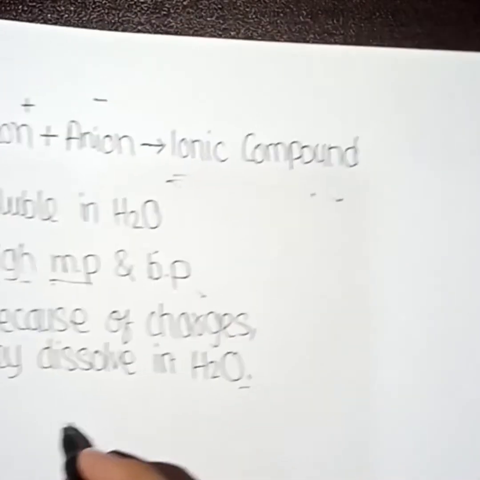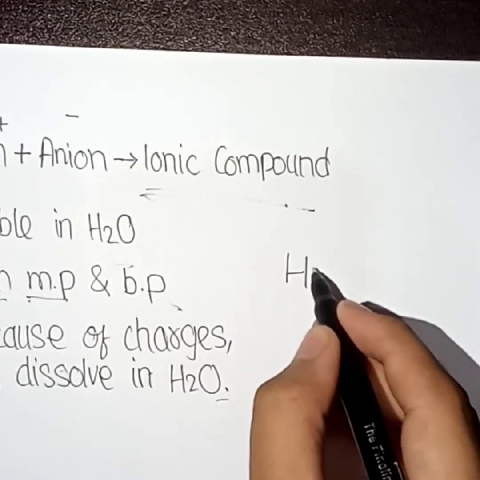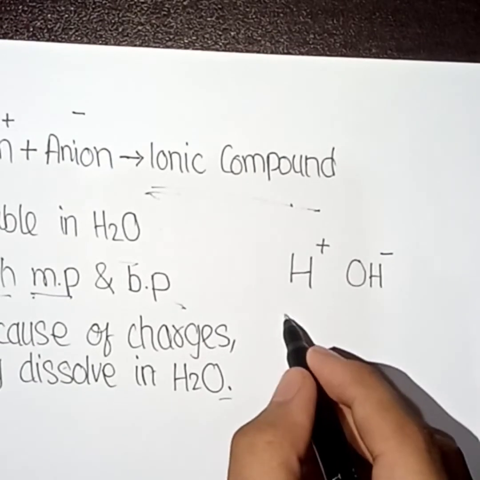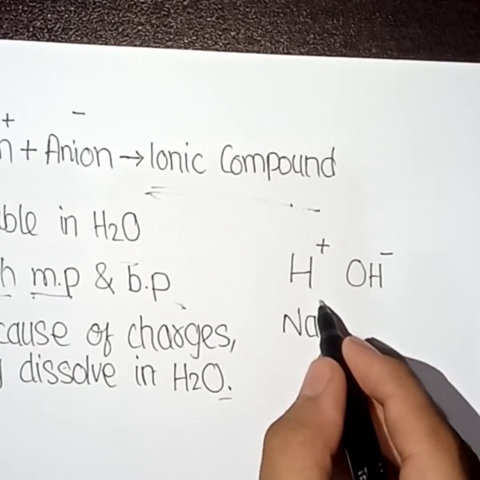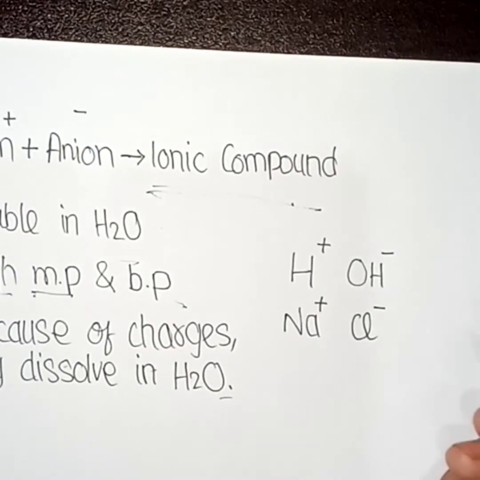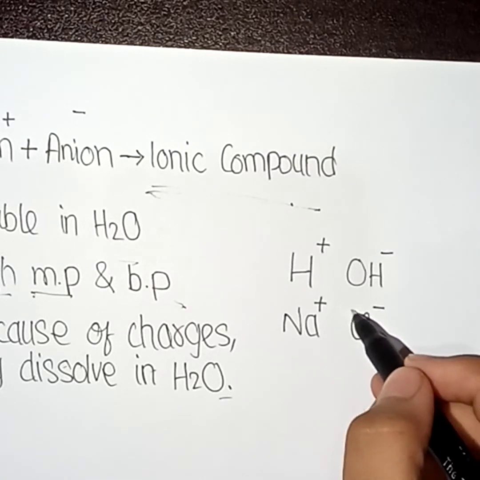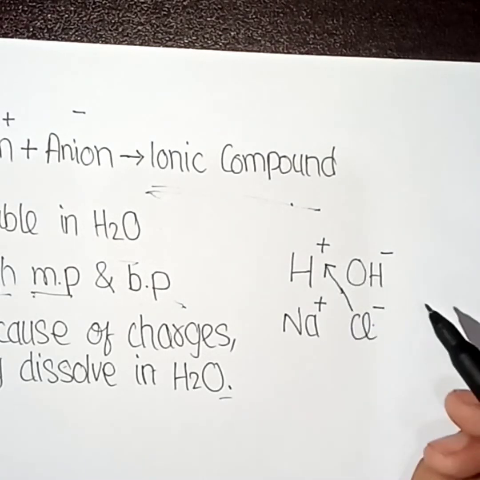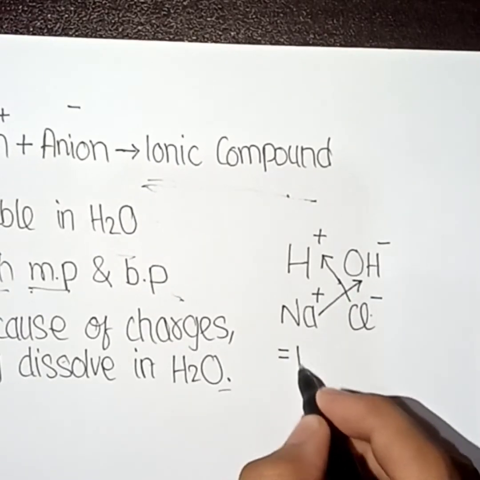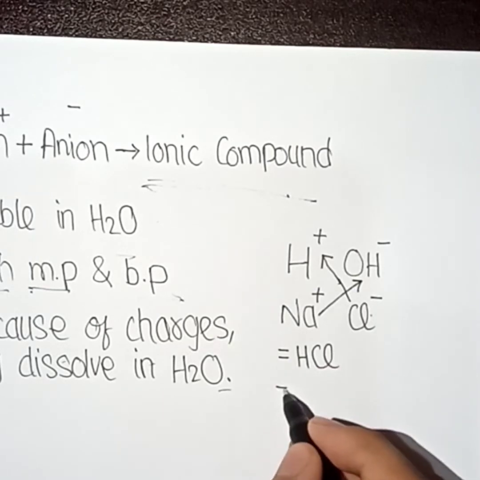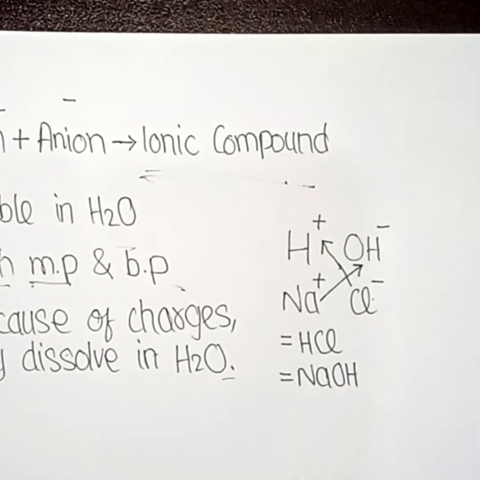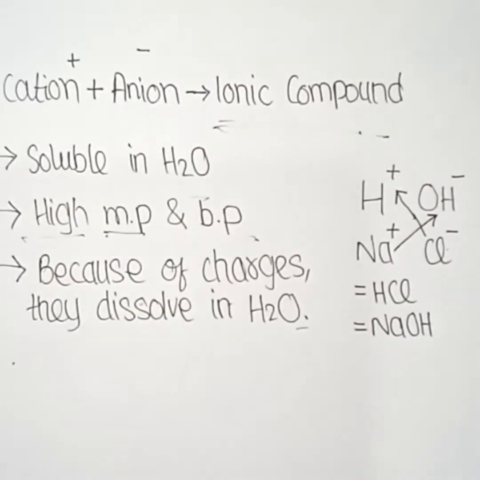For example, we take water: hydrogen positive, hydroxide negative, sodium positive, chlorine negative. So with a negative, a positive will react, and with a positive, a negative will react. So this will give hydrochloric acid and sodium hydroxide. So this is how the salt can dissolve in the water.